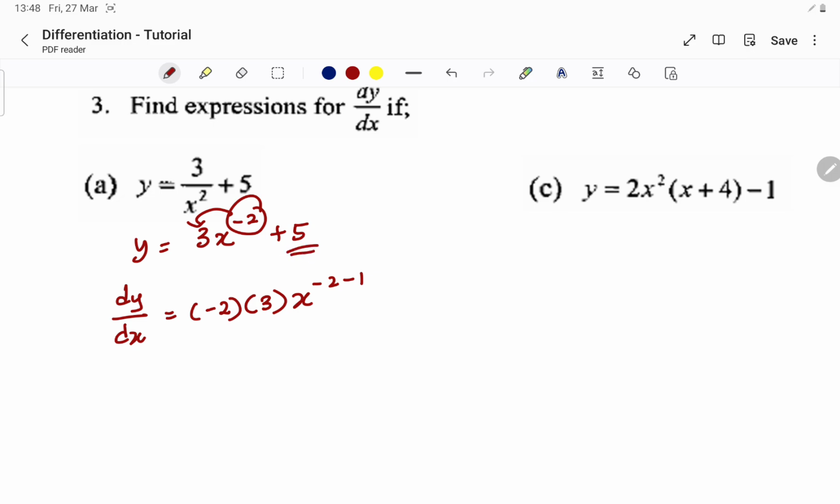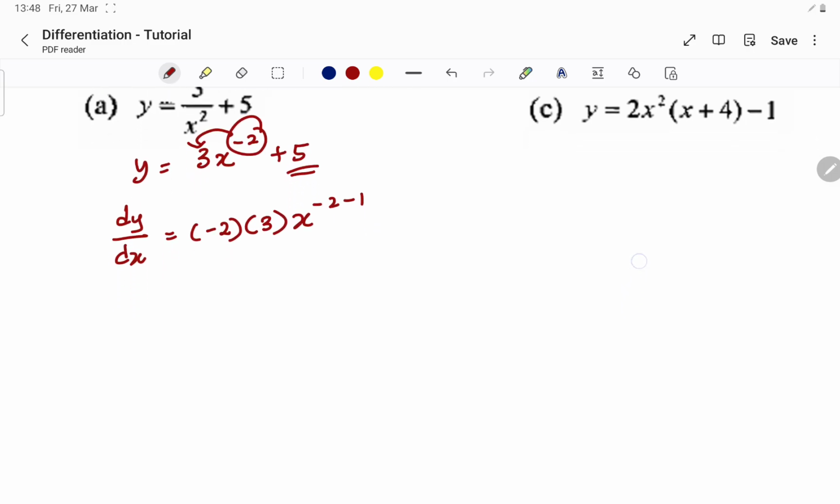Then we have 5, we differentiate and it becomes 0 because it's a constant. So here negative 2 multiplied with 3 becomes negative 6x to the power of negative 3, or if you want to write it in proper fraction form, negative 6 over x to the power of 3. Like this also can.